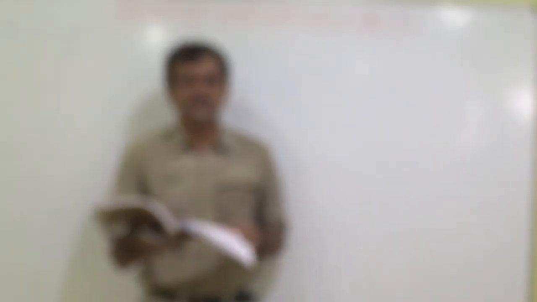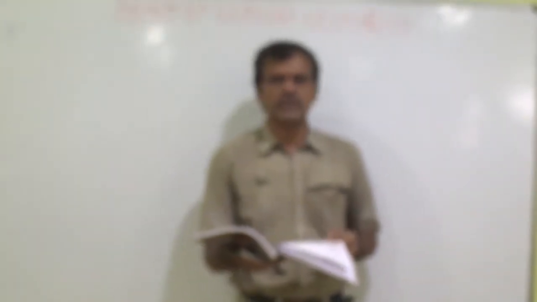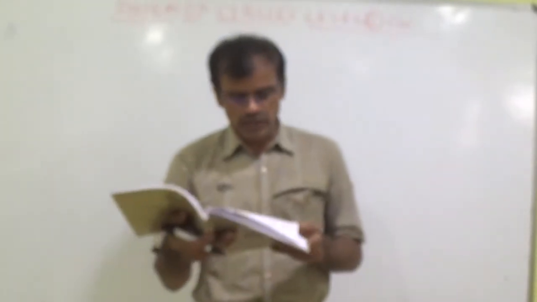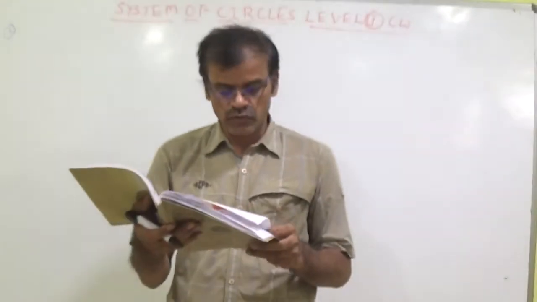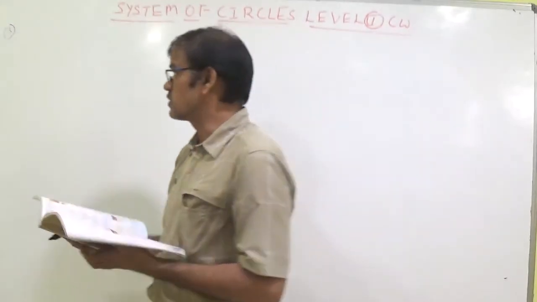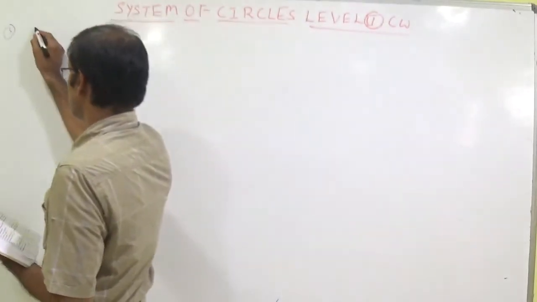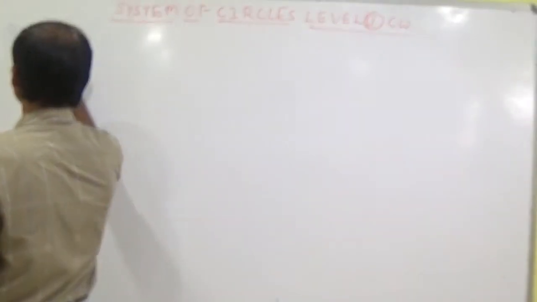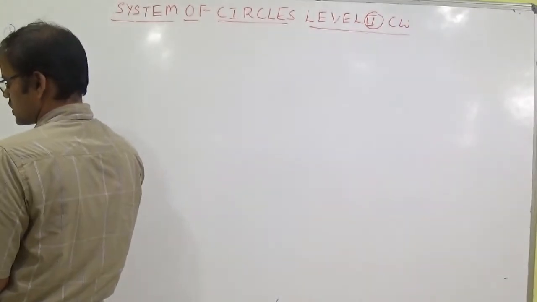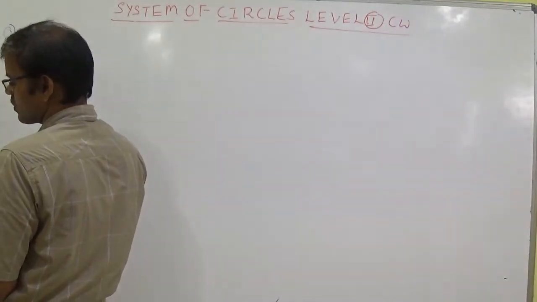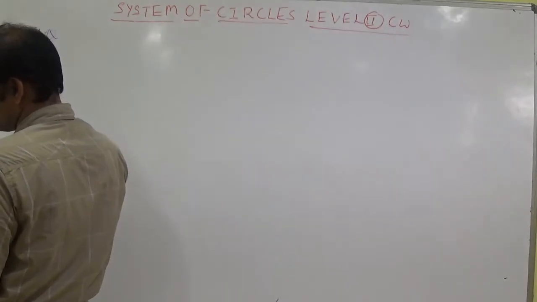Third one. If a circle passes through (1, 2) and cuts the circle x² + y² = 4 orthogonally, then the locus of the center. In CUQ, I said the formula and we proved it.